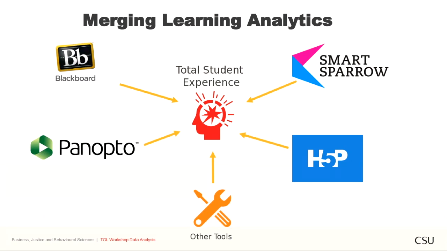How do I see somebody exiting Blackboard to go to Smart Sparrow, and make sure I can see them coming back in? And how has that changed the way they interact with different resources within the Blackboard site? So that's an overview of where I am.